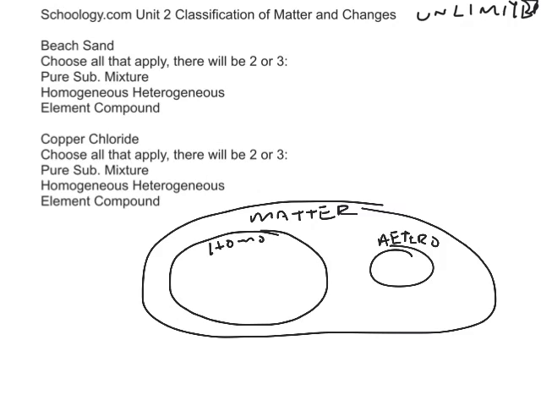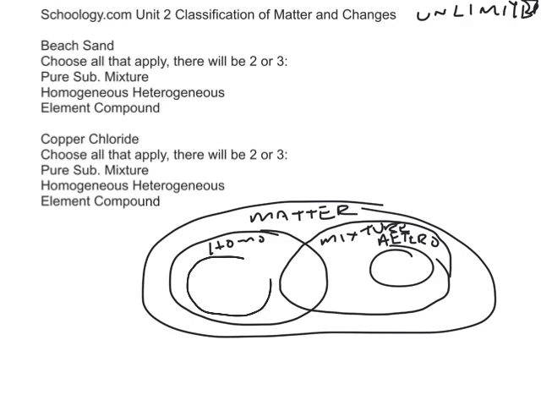And what we said was everything that is hetero is a mixture, and some things that are homogeneous is a mixture. So pointing out that if it's hetero, it is automatically a mixture. And some things that are homogeneous are also mixtures, but not everything.